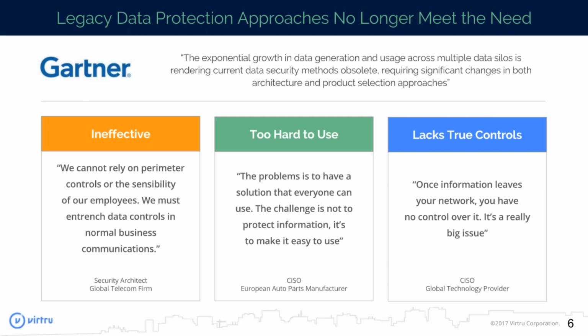So a few things around existing options that are available. Number one, they prove mainly ineffective. So there's no more perimeter in my environment. Now we are starting to think about data being in cloud environments, but also being shared vastly. As we think about the legacy approach as well, typically they're very hard to use, especially when we start thinking about encryption technologies.